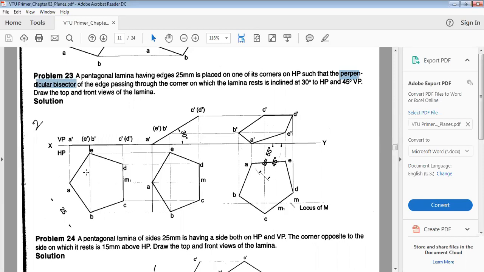This is the perpendicular bisector of the edge passing through the corner on which the lamina rests, inclined 30 degrees and 45 degrees to VP. So the moment you say the perpendicular bisector is making inclination, then of course it should be a beta angle problem if the lamina is resting on HP. So that's why the problem is considered under beta and then solved.